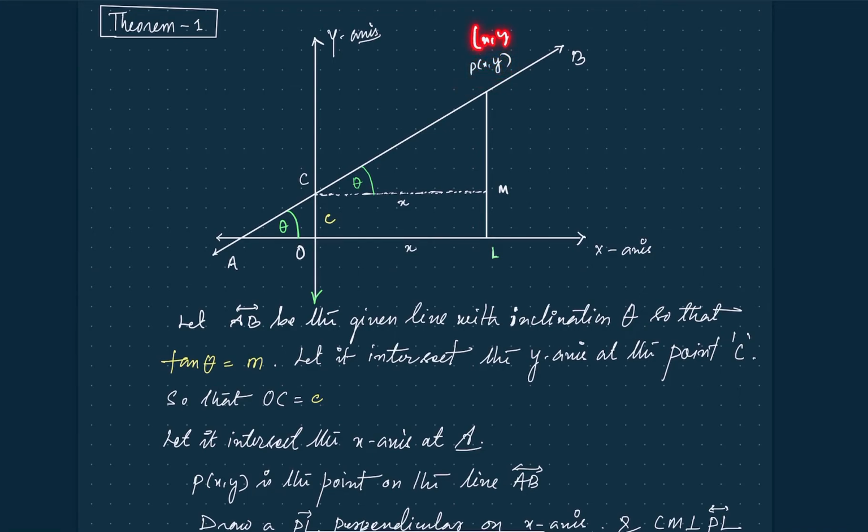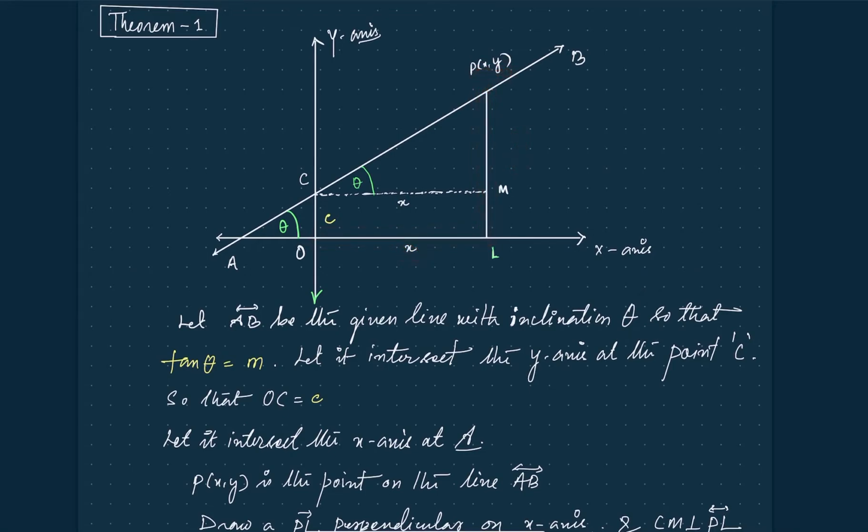What x comma y means is how far this point is from the origin along the x-axis, that is x, and how far it is from the origin along the y-axis, that is y. So this is the x distance and this is the y distance. That's why the coordinate is x and y.